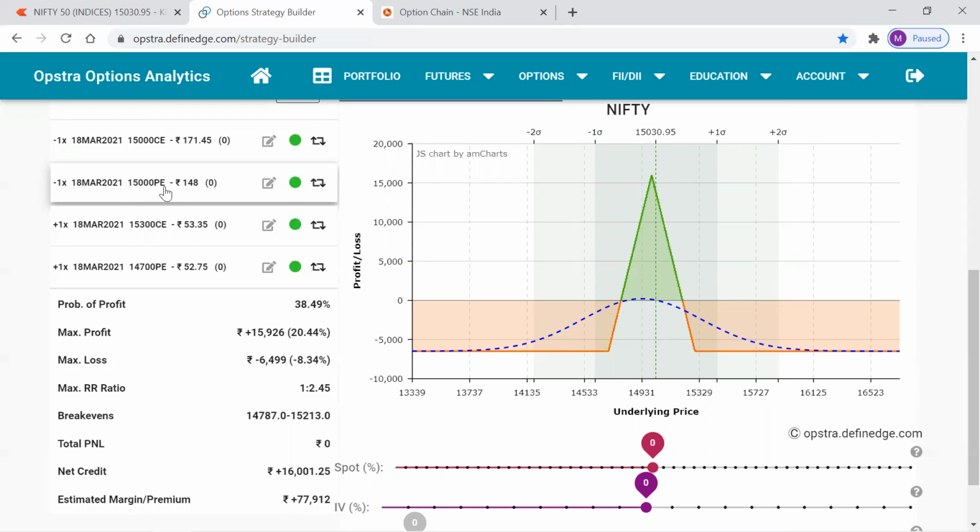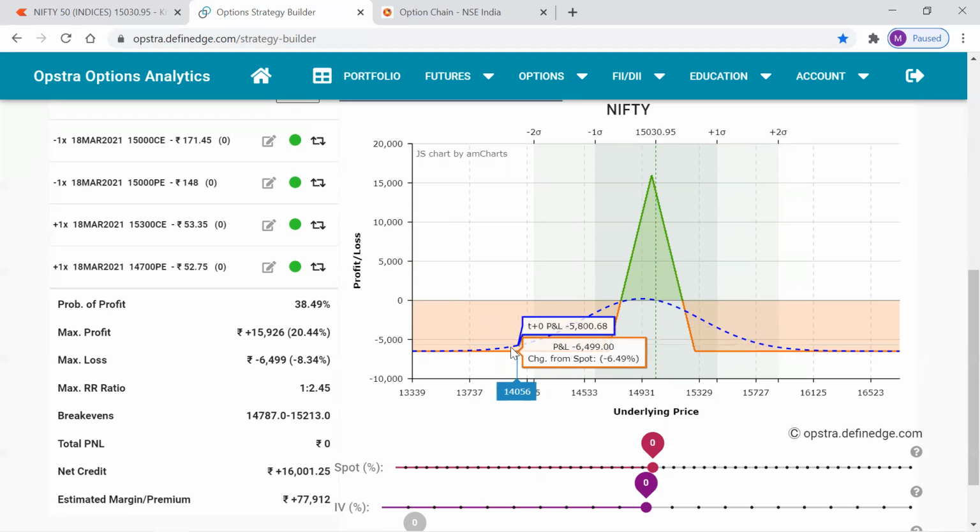And to construct Iron Butterfly, what did I do? I considered upper break even and I bought call. Then I selected lower break even, then I bought put. So if you buy the break even points, call and put, then your unlimited loss will become limited loss here.